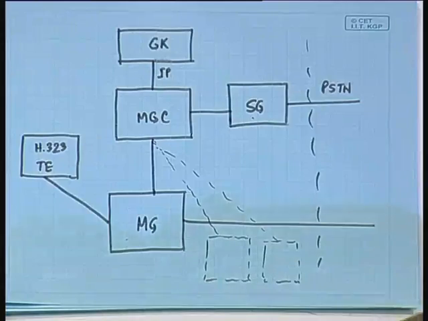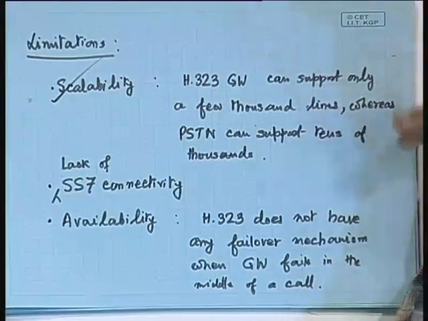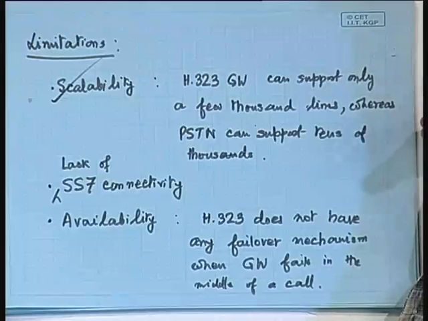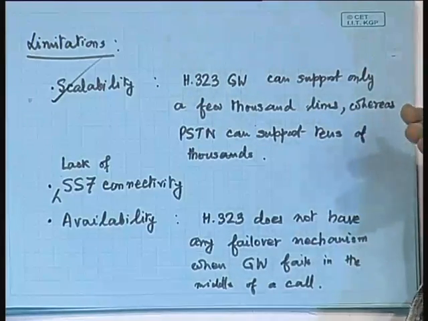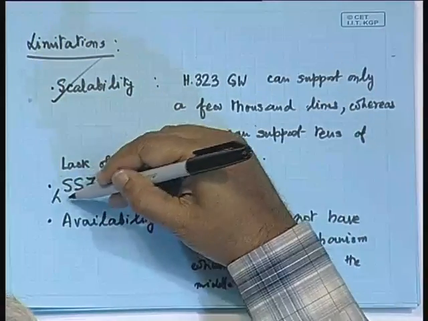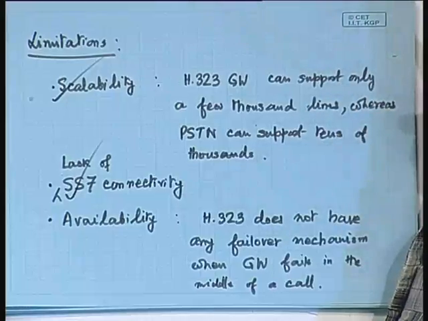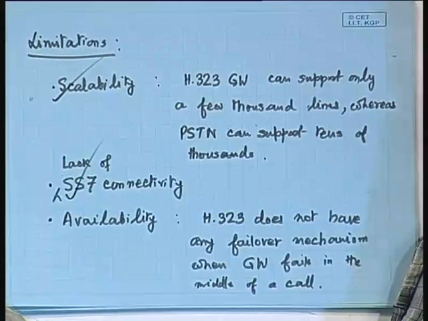So, all the limitations that we had talked of a few minutes back: scalability. Now, we can see that the scalability can be improved by going in for multiple MGs and going in for virtual H.323 in order to increase the scalability. SS7 connectivity can now be taken care of by building the SS7 interfacing within the SGs.